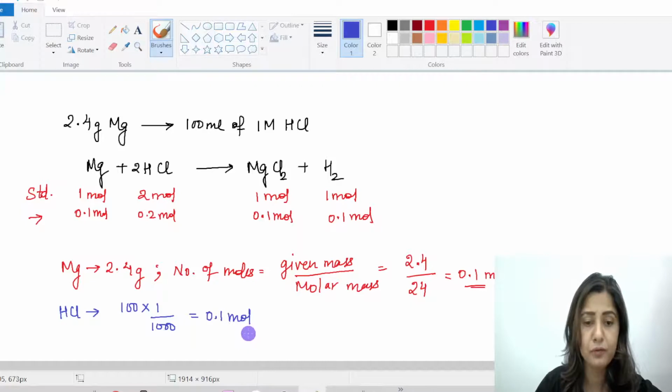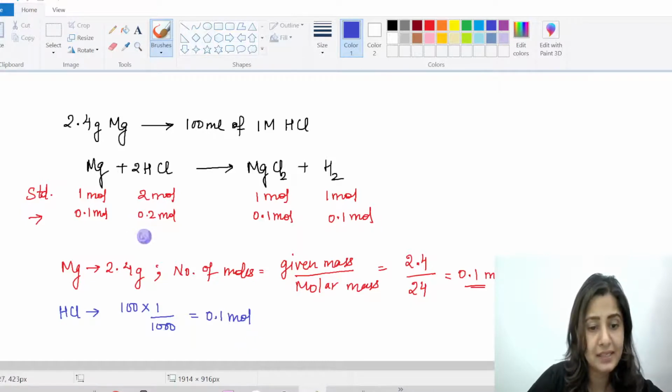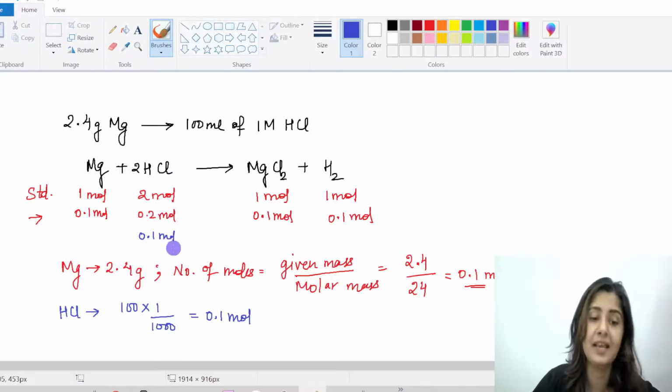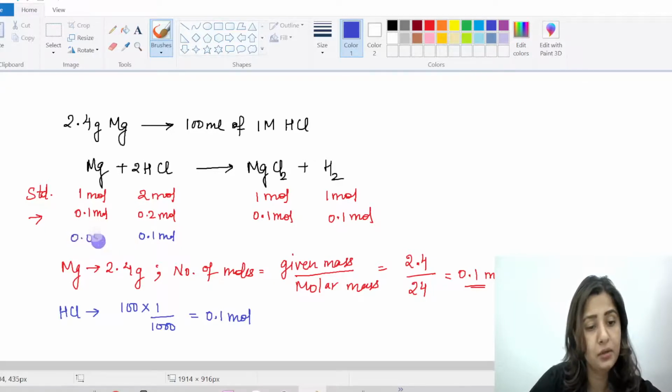Therefore we have HCl as 0.1 mole. For 0.1 mole of magnesium, we will require 0.2 mole of HCl, but we only have 0.1 mole of HCl. It means that HCl is the limiting reagent. It will stop the reaction, and for 0.1 mole of HCl we will require 0.05 mole of magnesium.